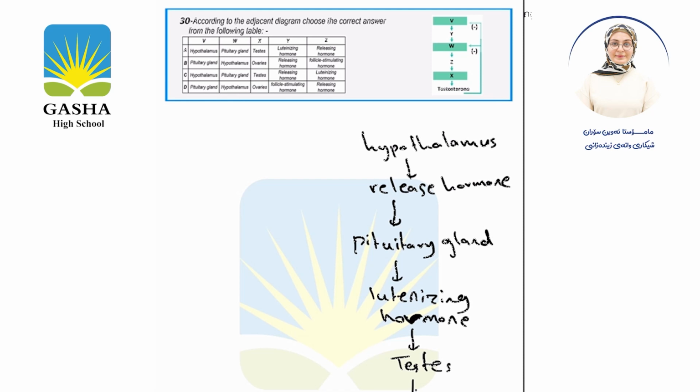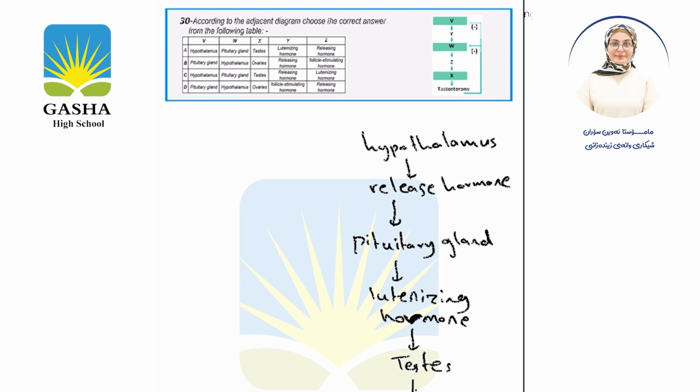So let's read the multiple choice to find out which one is most suitable for this explanation. A, hypothalamus. Yes, the beginning is the hypothalamus. The pituitary gland is true. And then the testes, again this is true. Luteinizing hormone and releasing hormone, here we have a mistake in the order of luteinizing and releasing hormone.